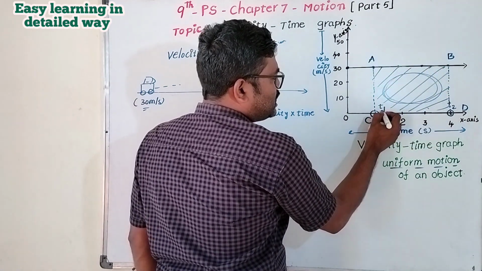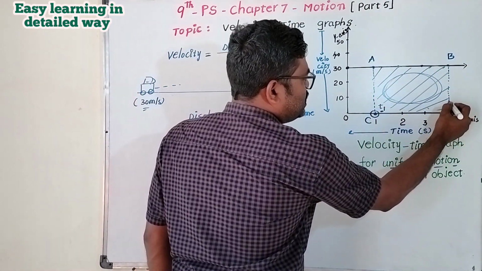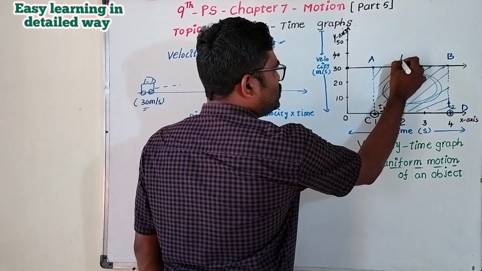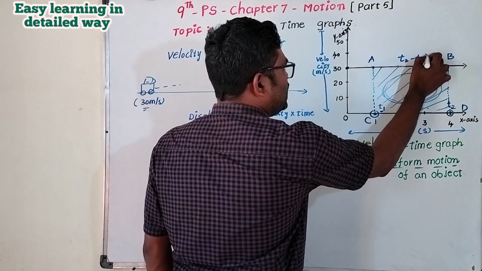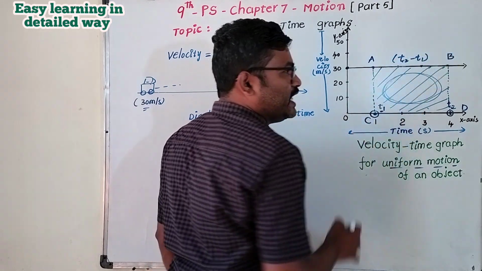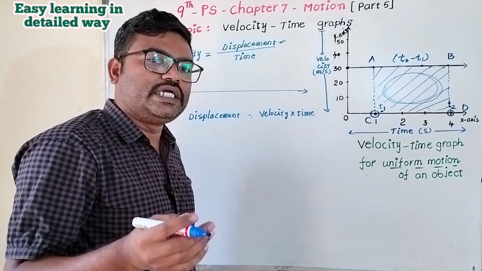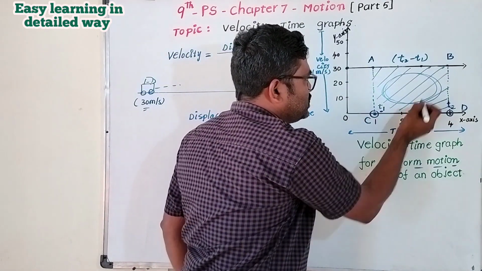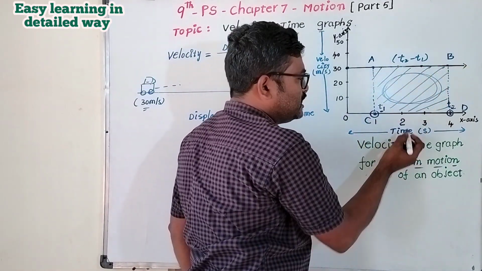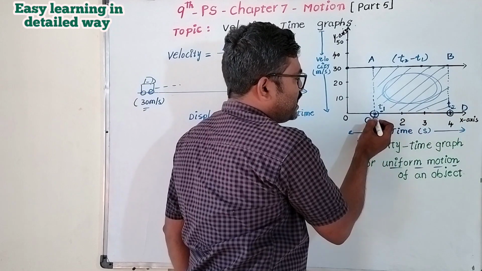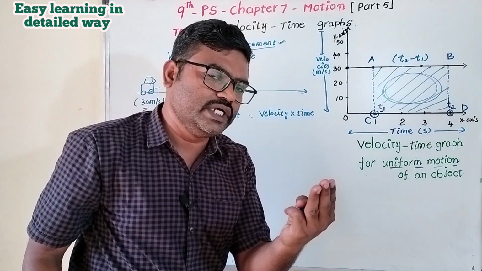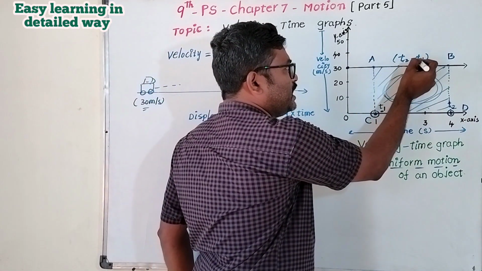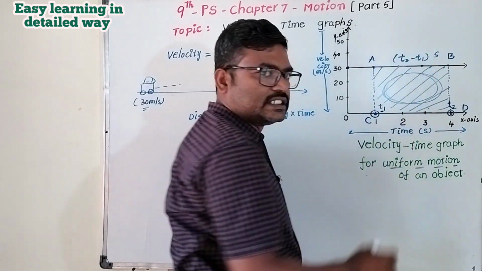Here time is t1 and here time is t2, so the difference t2 minus t1 gives the particular time. To go from here to here, we need 4 minus 1, that is 3 seconds. That is t2 minus t1 seconds.